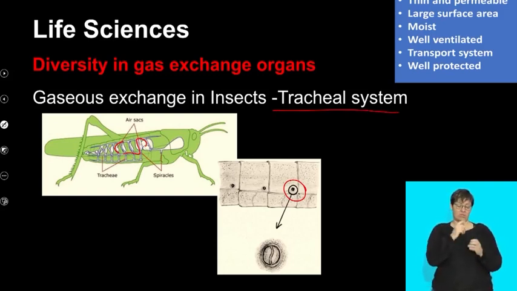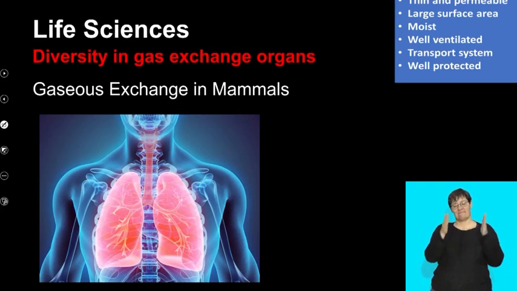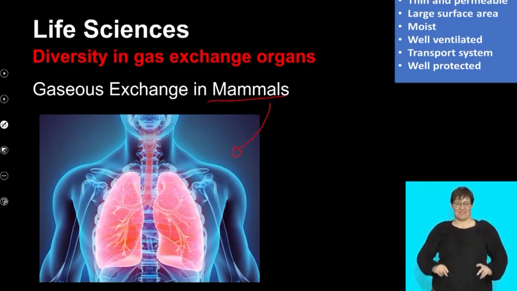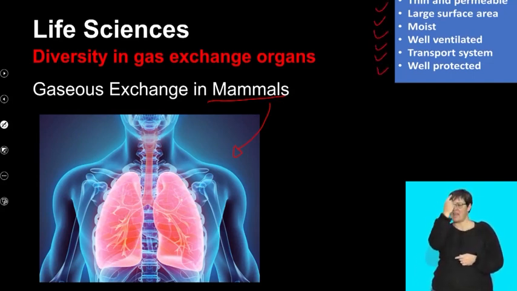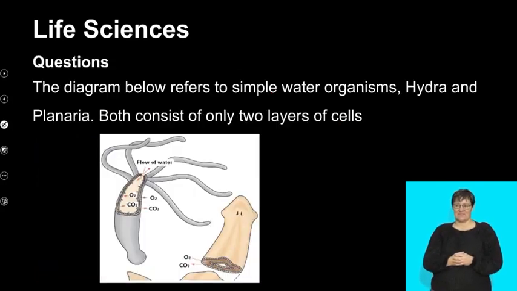So we see not only diffusion, but something that has to work through a way, which led us to the mammals. There we looked at how our body, and we're going to look at the lungs, ticks the boxes for all of the requirements of a gaseous exchange surface.